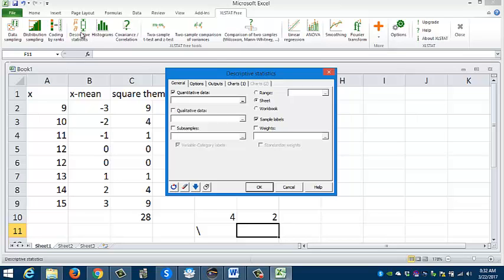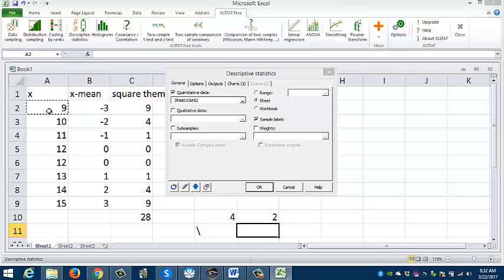Okay. Well, what I'm going to try is it says, hey, where is your data? We have quantitative data because we have numbers. And the original data, I'm going to highlight right here. Let's see how that goes.